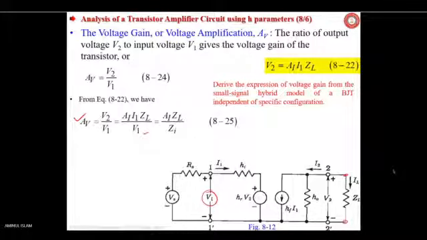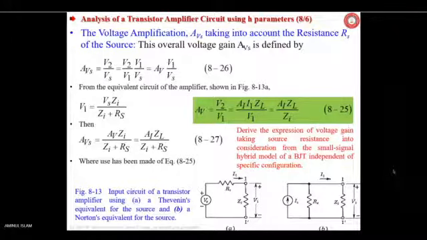So we get the voltage gain AV equals current gain into ZL by ZI. ZL is the load resistance, ZI is the input resistance or input impedance. The value of V2 has been taken from the previous slides. Is it clear, Pratham? Yes, sir.